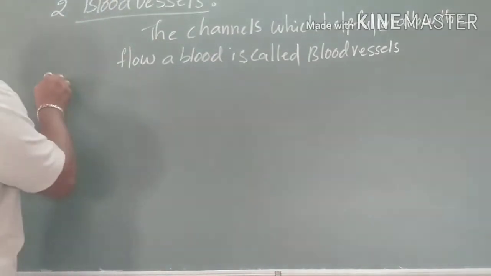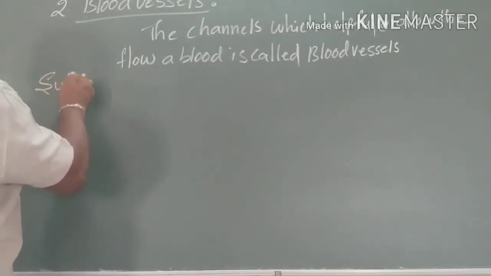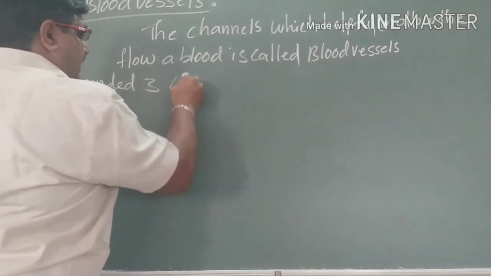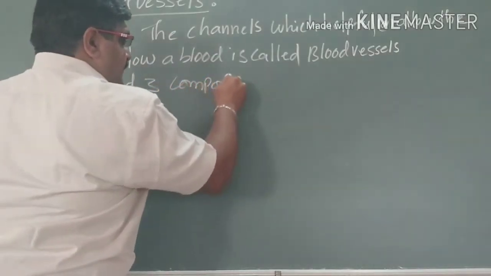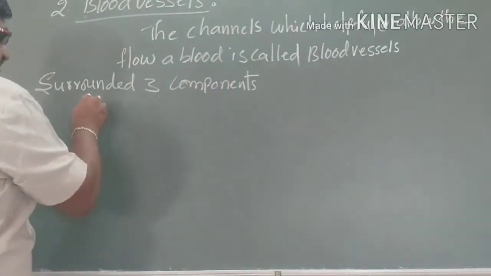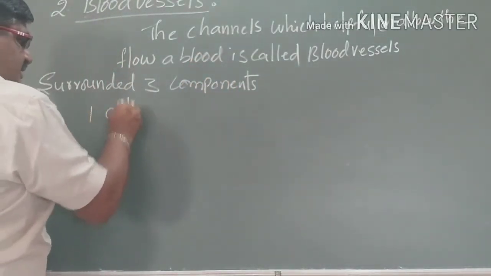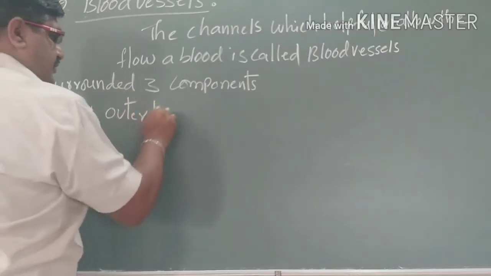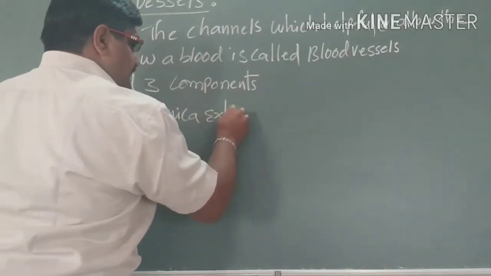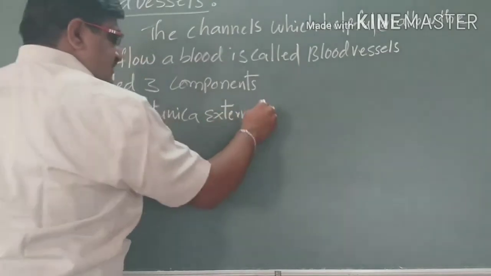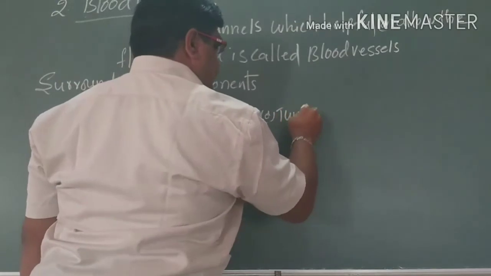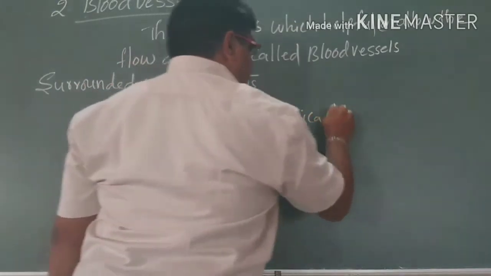It is surrounded by three components. One is the outer layer, called the tunica externa, or otherwise the tunica adventitia.